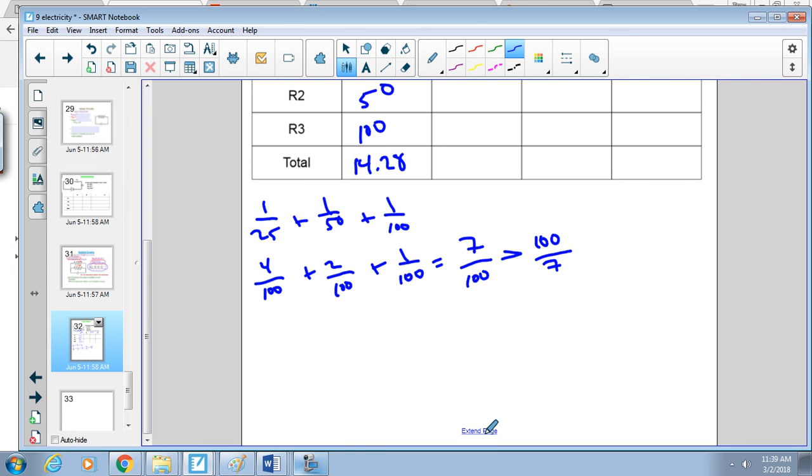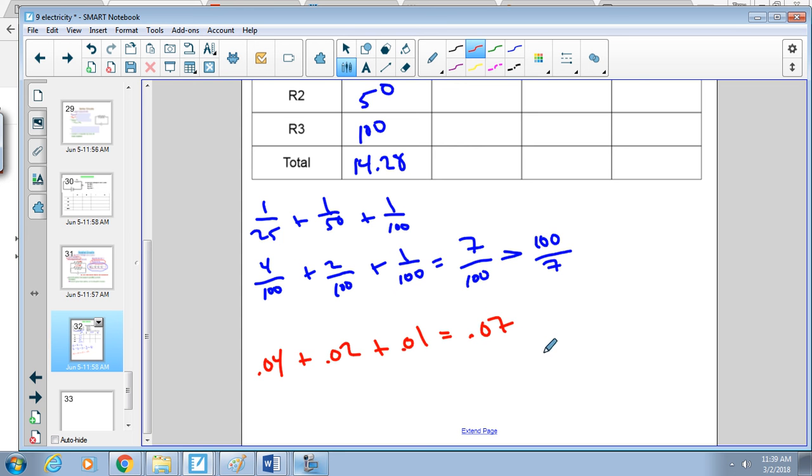The second way is a little bit easier. You can plug this directly into your calculator. If you plug in 1 divided by 25, it gives you 0.04. So 0.04 plus 0.02 plus 0.01 gives you 0.07.